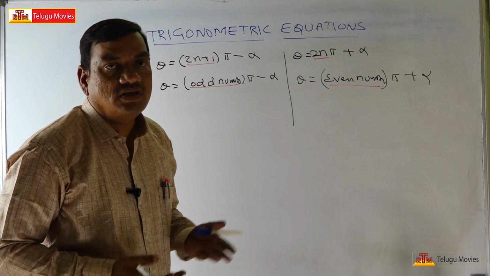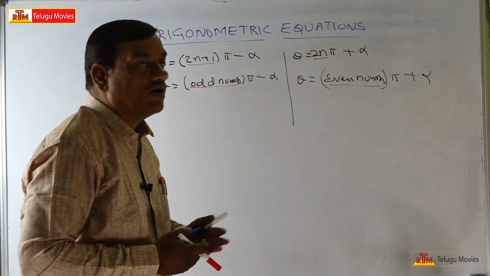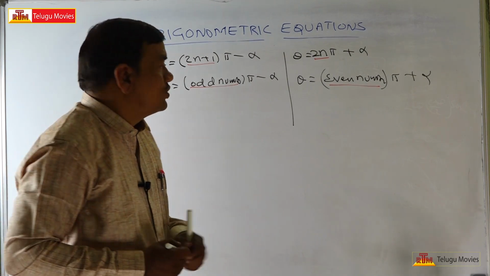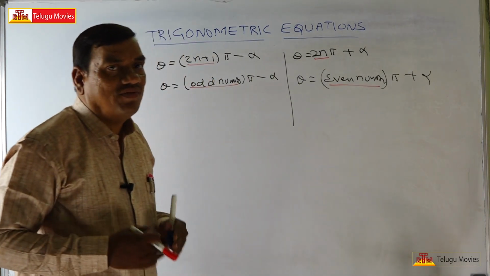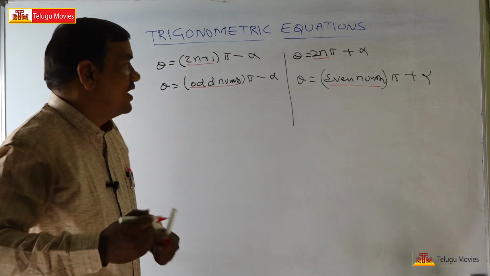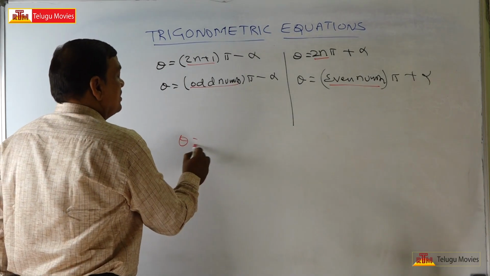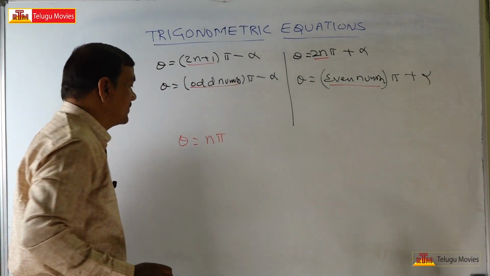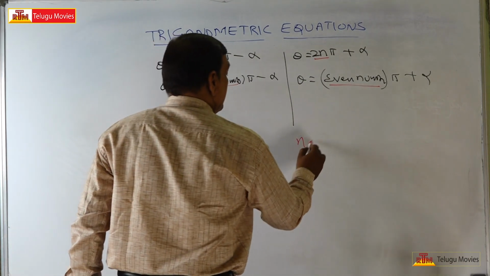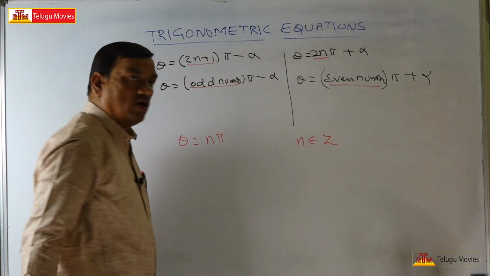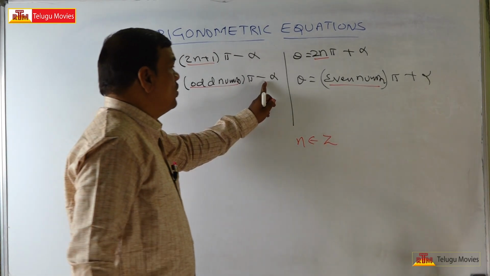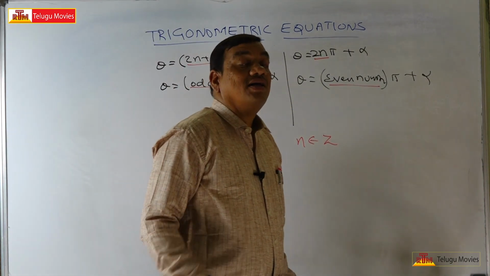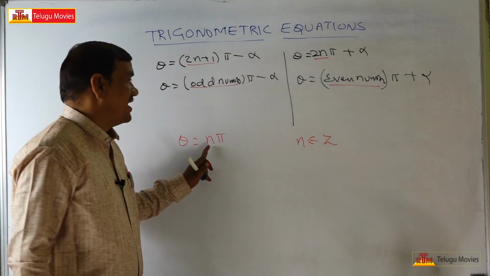All even numbers and odd numbers are nothing but integers. So in place of even number and odd number, can I generalize and put n? Right. So theta is equal to n pi, where n is an integer. Now coming to minus alpha and plus alpha, that depends upon this n value.